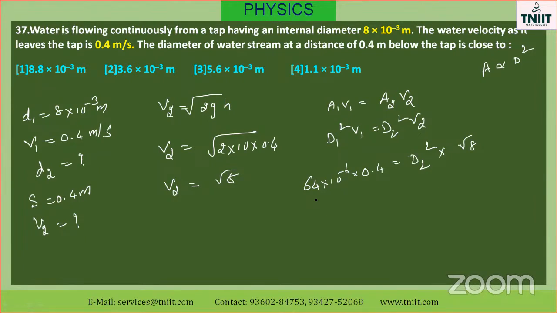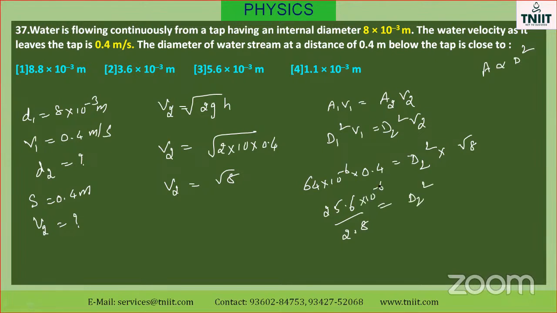So 64 into 0.4, how much is it? You have to go with a rough calculation only. It is close to 25.6 divided by root 8. Root 8 is 2 point something, right? You can take 2.8 approximately, which is equal to D2 squared with 10 power minus 6.